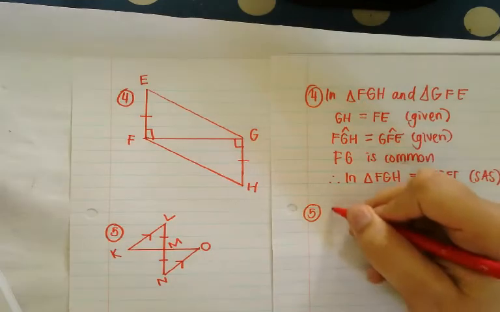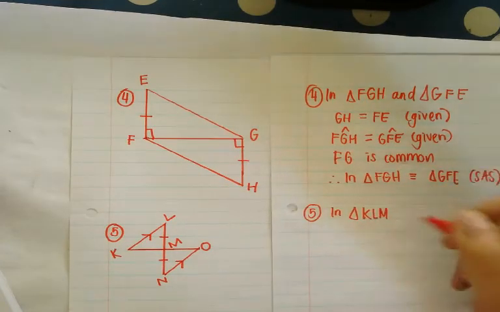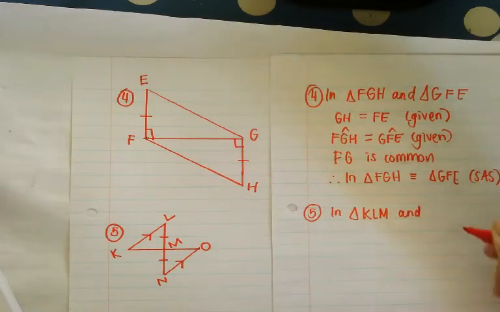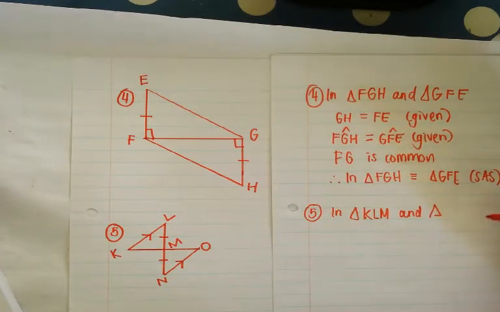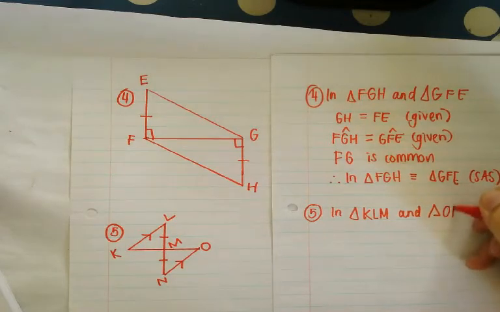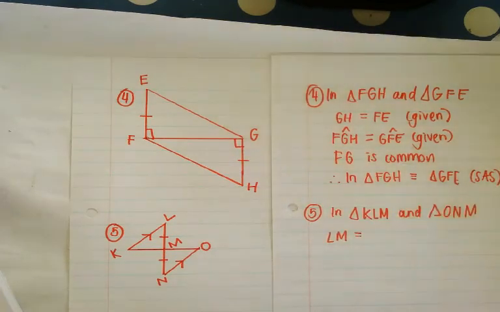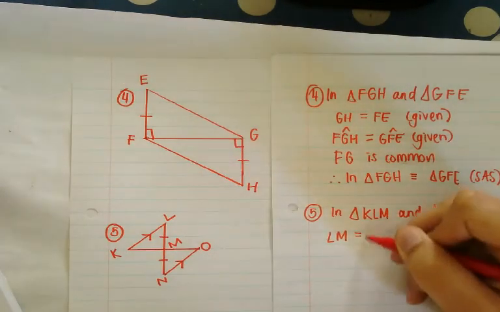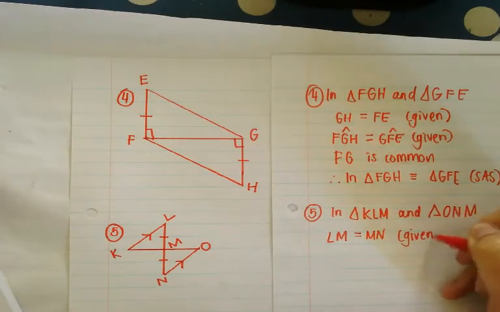In number 5, I'll start with the left-hand triangle, KLM, and triangle ONM. Write what I see first. LM equals MN, given. Now there are multiple options.